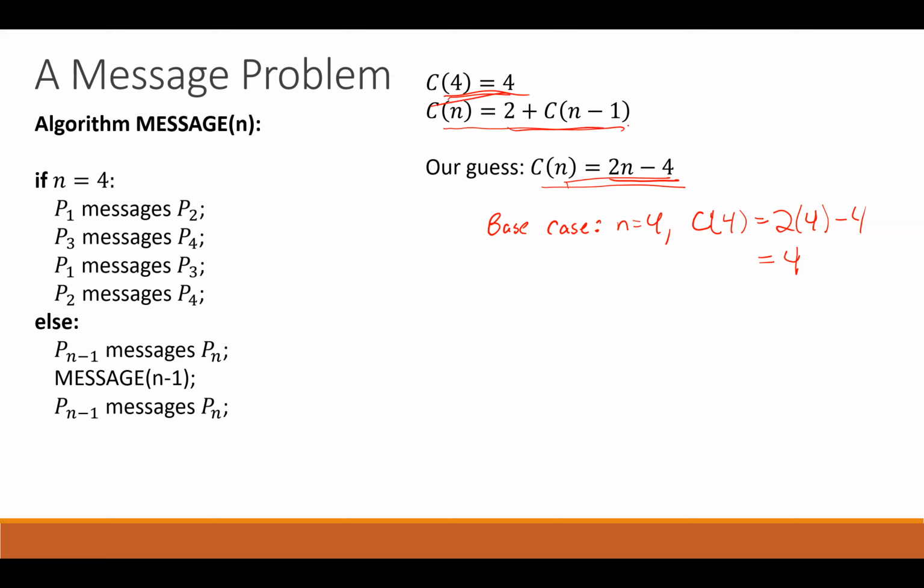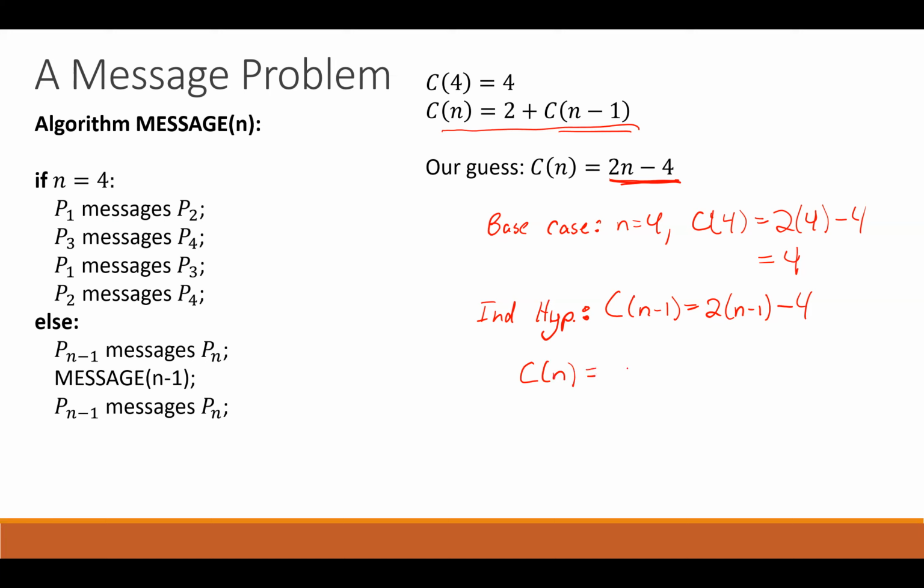Now I want to show that it's true here. So my inductive hypothesis, again, I'm going to assume it's true for C of n minus 1. So my assumption is that C of n minus 1 is equal to 2 times n minus 1 minus 4. And then I'm going to write down my recursive function and plug that value in.